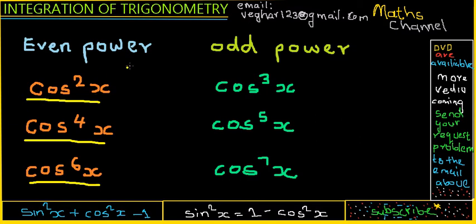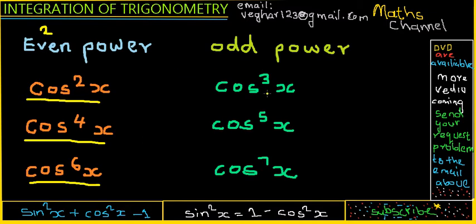An even power is a number that is divisible by 2 without a remainder. You can divide 2 by 2 without a remainder, 4 by 2 without a remainder, 6 by 2 without a remainder. So if you find a function that has a 2, or a number that is divisible by 2, it's an even power, so you're able to apply some of the rules.